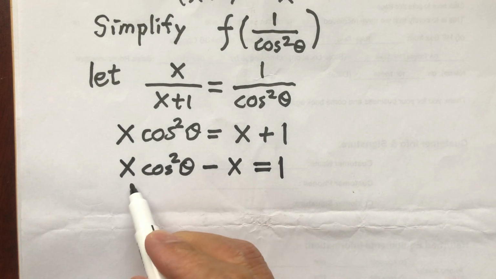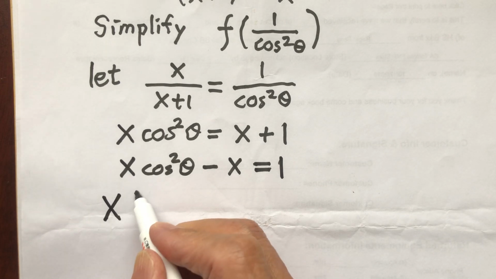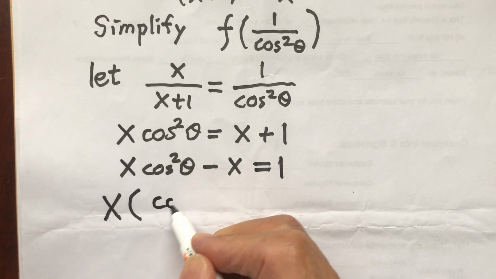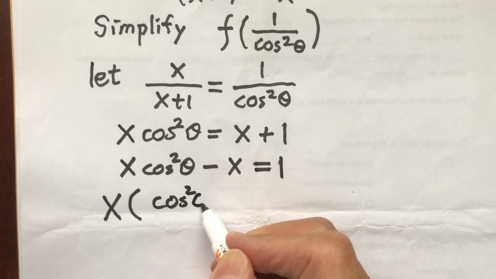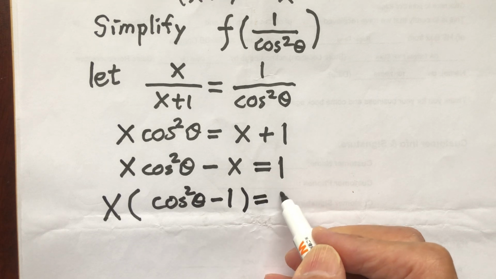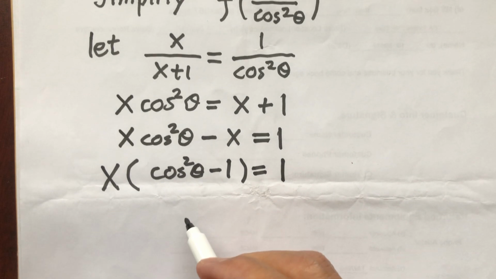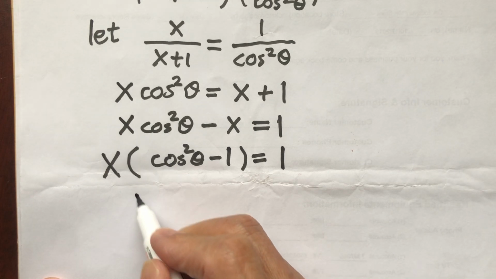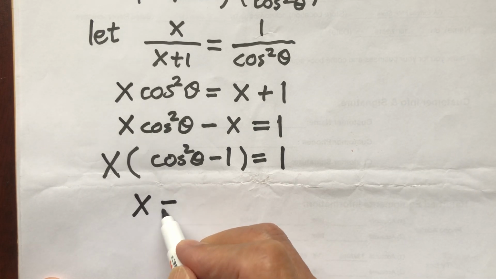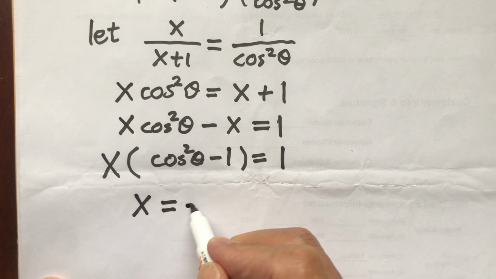I can factor out x. Then I can find x. I can find x in terms of cosine.